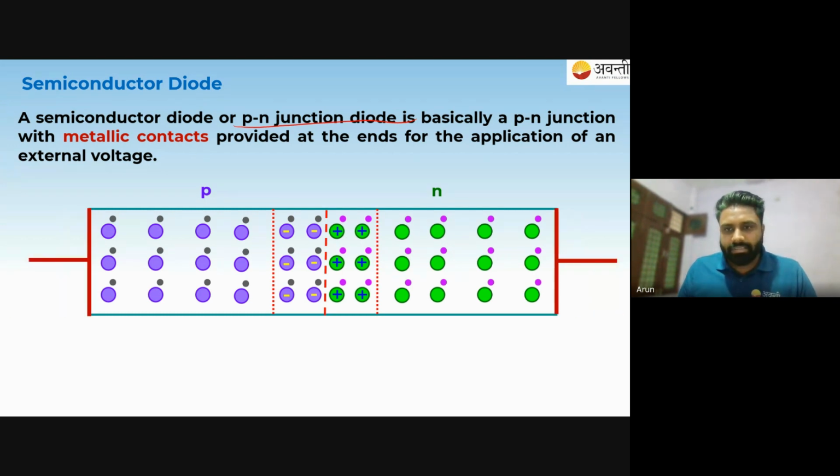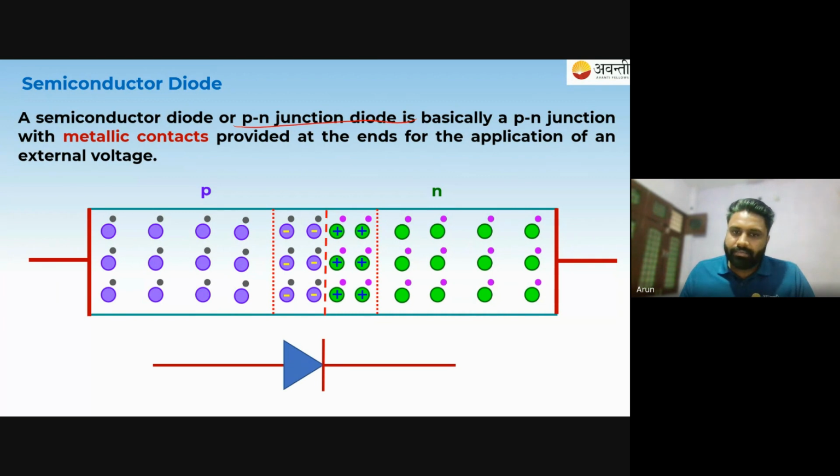These are the metallic strips connected to it, and this is the electronic representation of a diode. This thick arrow side is considered positive, and this line here is termed negative. So this end is positive and this end is negative.